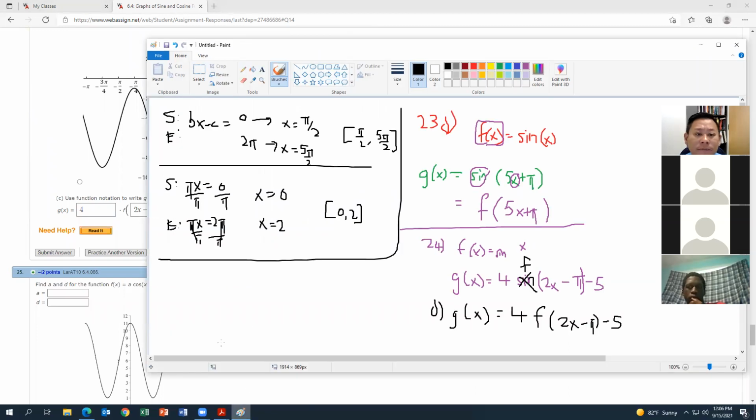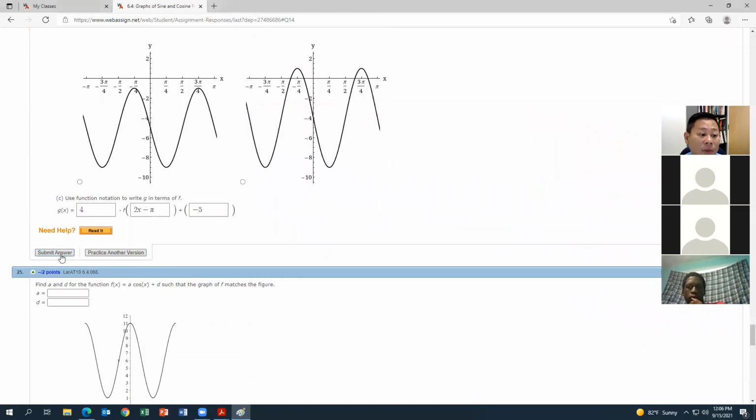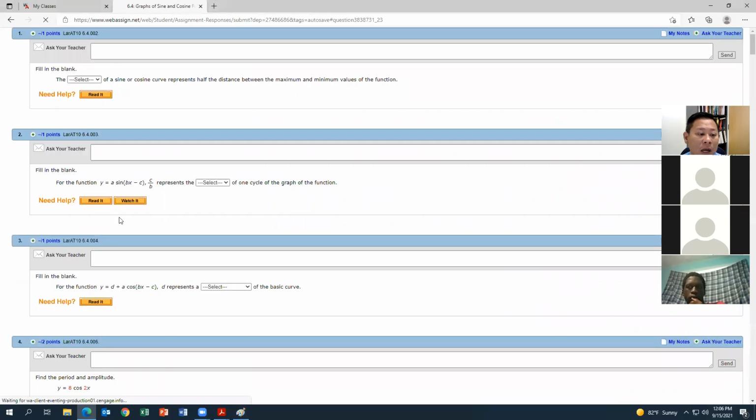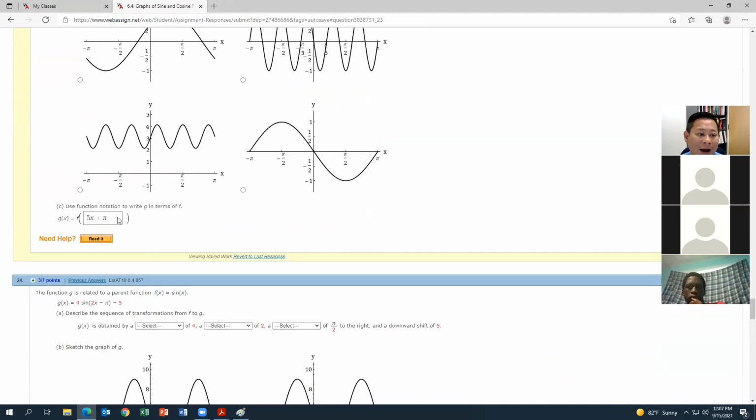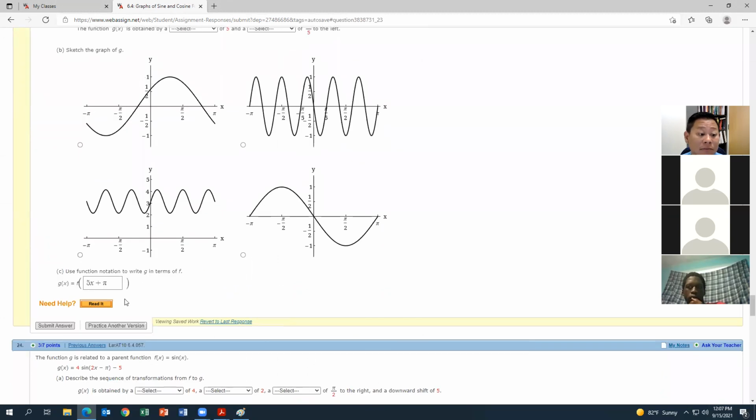You guys all right here? Okay. Again, don't worry about writing g of x in terms of f. In other words, you just need to change your sine to become f. That's what it means in this case.